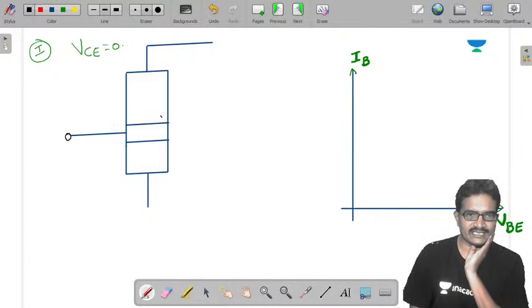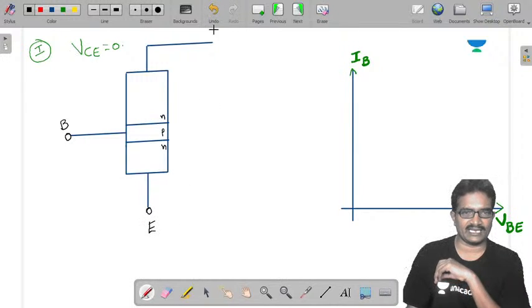Let us take an NPN transistor we are using here. Base, emitter and collector.